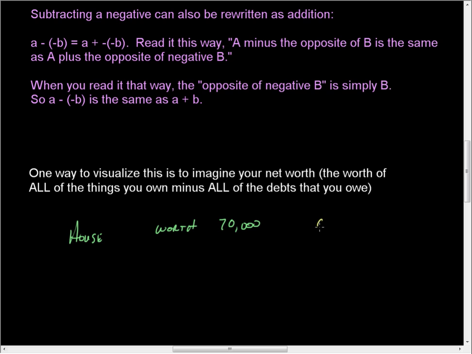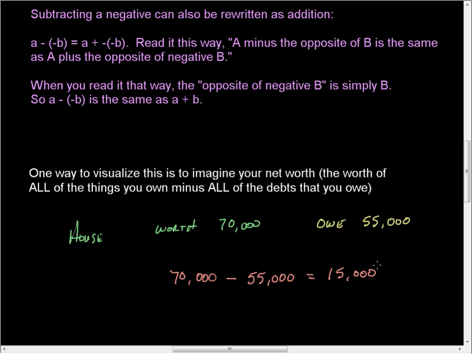However, I owe 55,000. Okay, so my net worth right now is the worth of all the things that I own minus the debts that I owe. And so right now my net worth on the house is only $15,000.